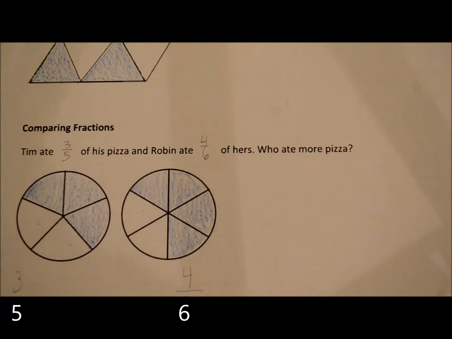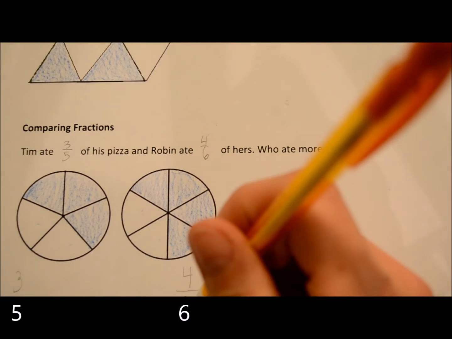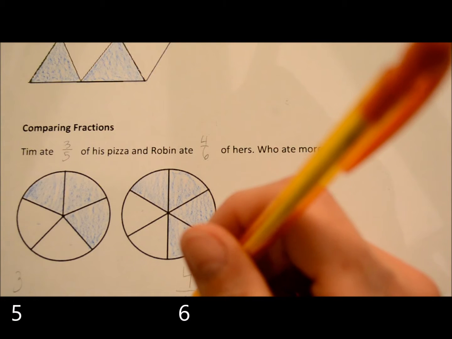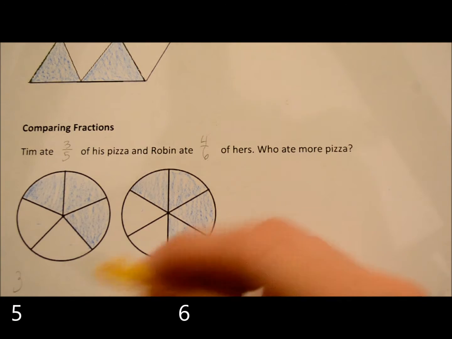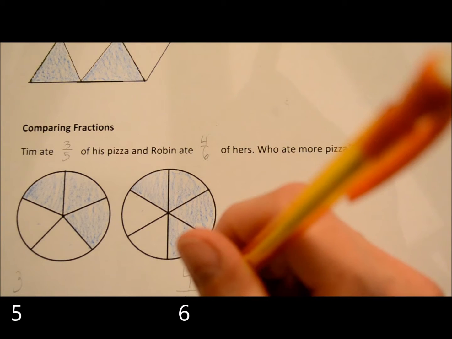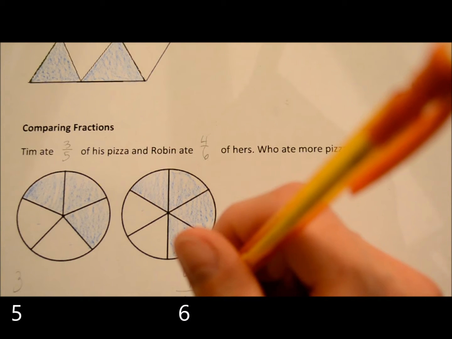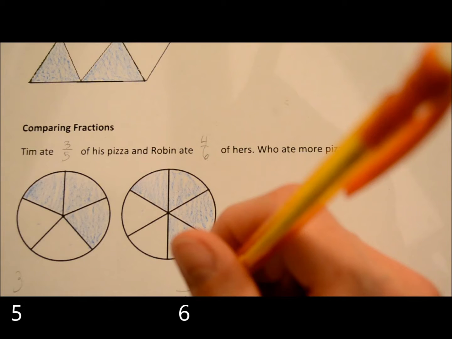So is there something that I can change the 5 into that I can also change the 6 into? This is where we have to look at our times tables. My 6 times tables are going to be the more difficult ones because 5s are super duper easy. So the 6 times tables are 6, 12, 18, 24, 30.